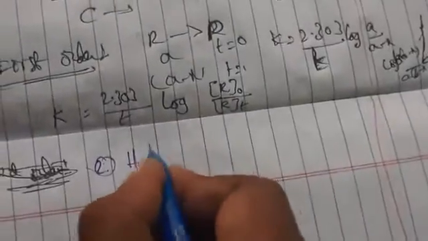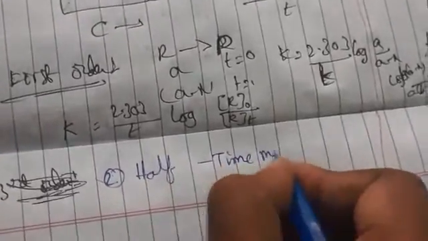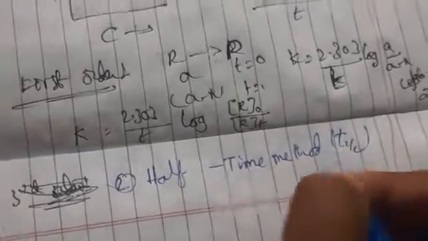Next method is the half-life method. What is the second method? The half-time method, that is t half.